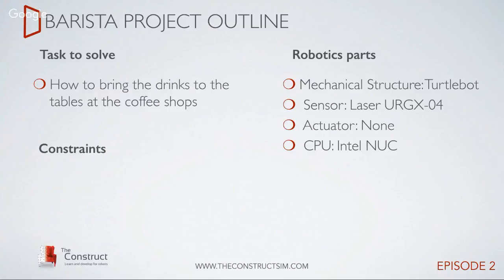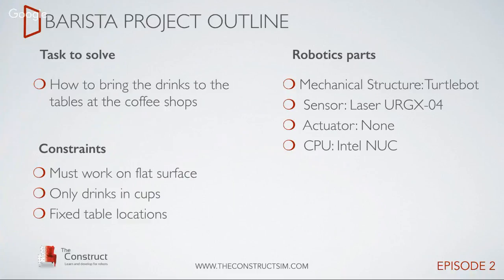Then once you have this, you have to decide the constraints. In our case, again for the Barista project, we decided that the robot has to work on a flat surface, it will only carry drinks that are served in cups, and the tables to which the robot has to go have to be fixed positions, fixed locations.